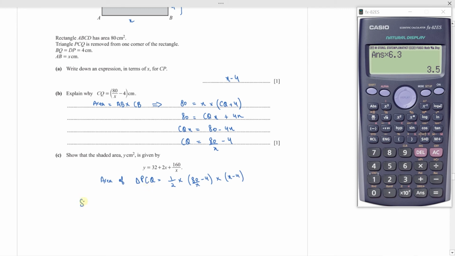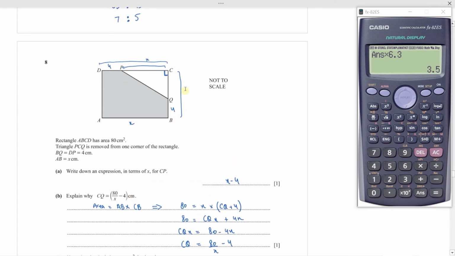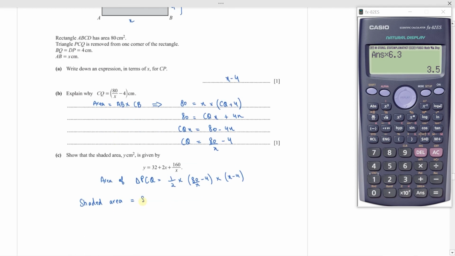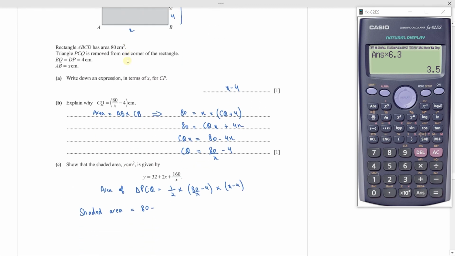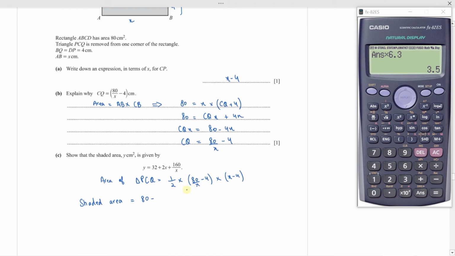So your shaded area will be equal to the area of this rectangle ABCD, which is 80 centimeter square, minus the area of the triangle, which is not shaded. So you will be left with this shaded area. So minus this area of triangle, which is 1 over 2 multiplied by 80 over X minus 4 into X minus 4.